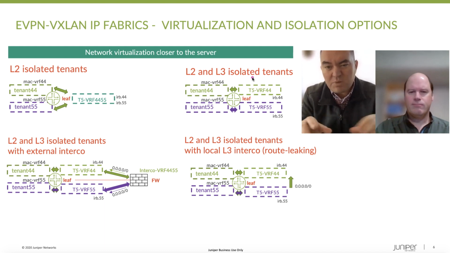So we can combine different mapping options from the virtualization point of view, like mapping two different MAC-VRFs to a unique Type 5, or have a full isolation, which from the security point of view gives the most benefits, and get one VRF for L2, which is VRF 1 for MAC-VRF, and then get a dedicated Type 5 VRF for prefix isolation. So from the security point of view, you get the most benefits using a one-to-one mapping, right?